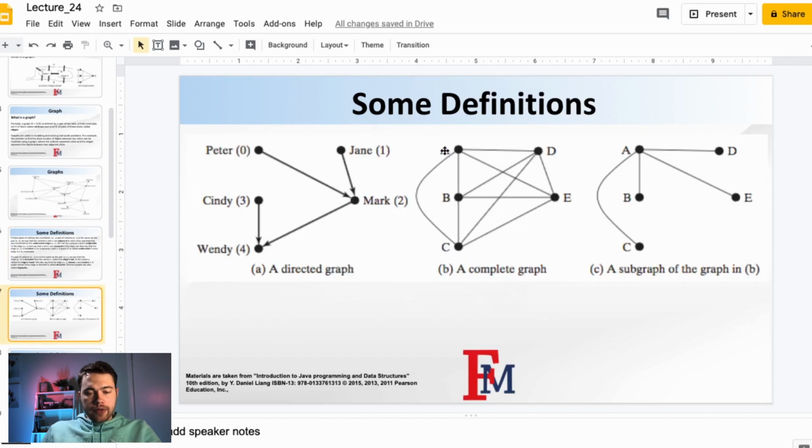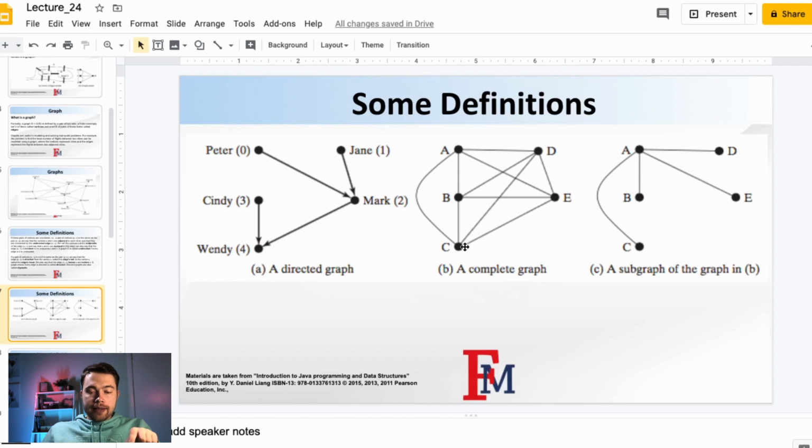Anyway, some definitions also. So this graph is called directed. You see, I have 1, 2, 3, 4, 5 vertices, and I have edges between them, and each one of them is directed. That's why it's called a directed graph or digraph. This guy is called a complete graph. So what does it mean, complete graph? Complete graph means that there is a connection between any two vertices.